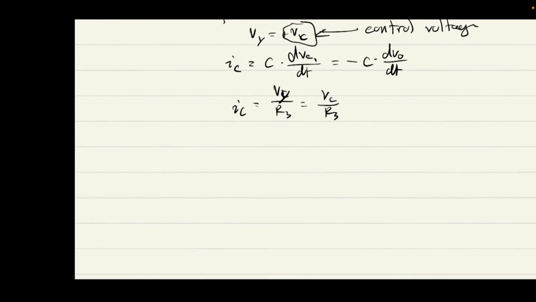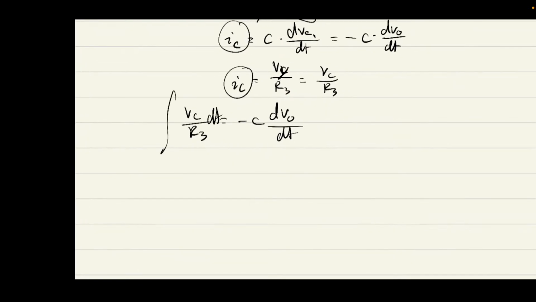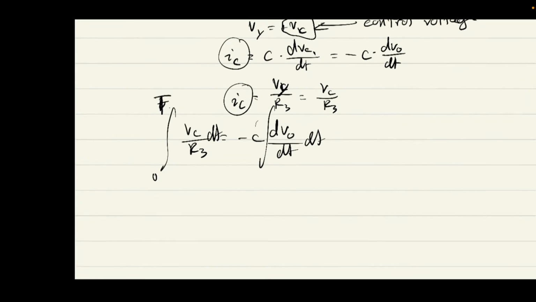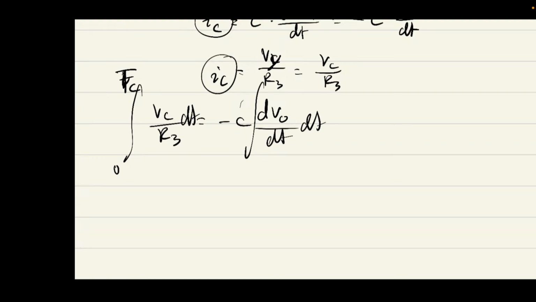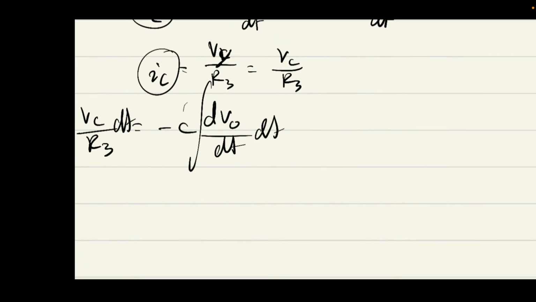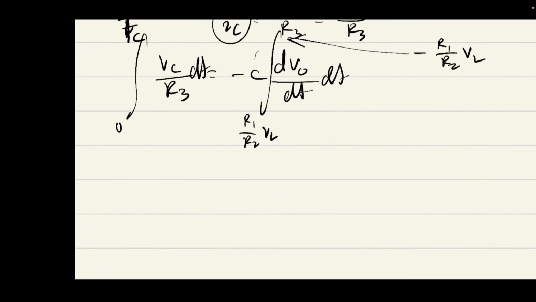Okay, so we can just perform our solving as usual. I make them equal because they're both IC. And then we can integrate both sides from 0 to T charging. And here, it's going to be from positive R1 on R2 VL to negative R1 on R2 VL. So we can just integrate.